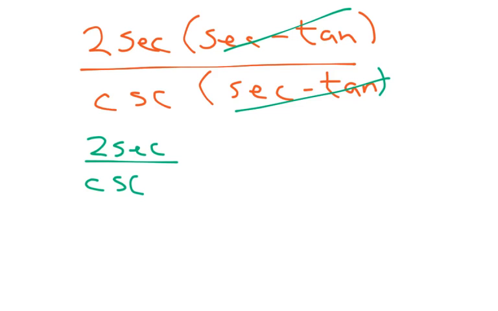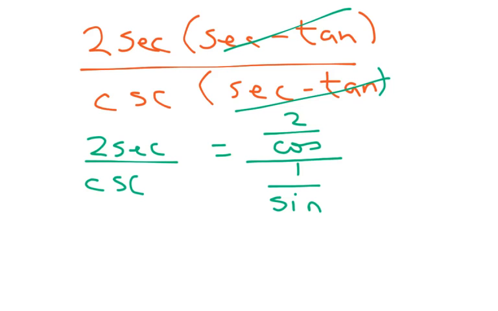Now I'm going to break this up. This basically gets to where we're at the easy part. 2 over cosine all over 1 over sine.